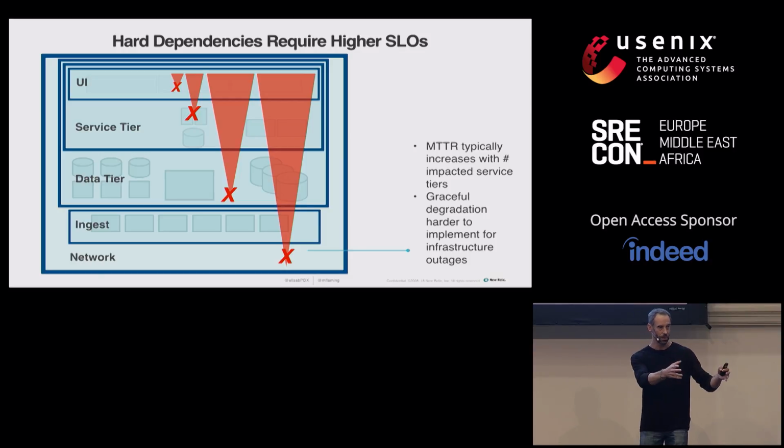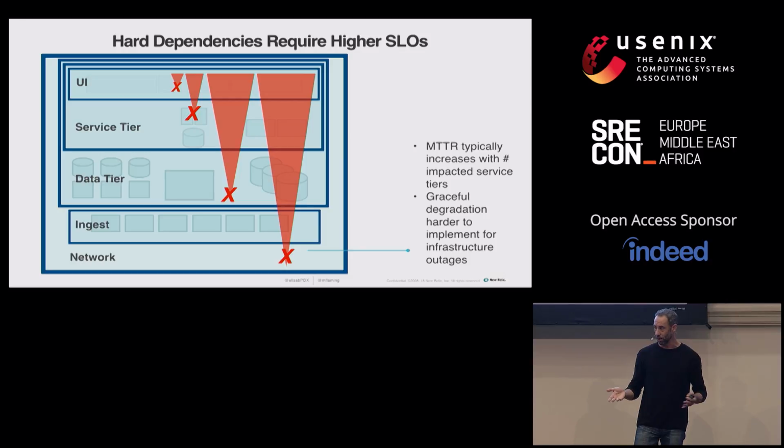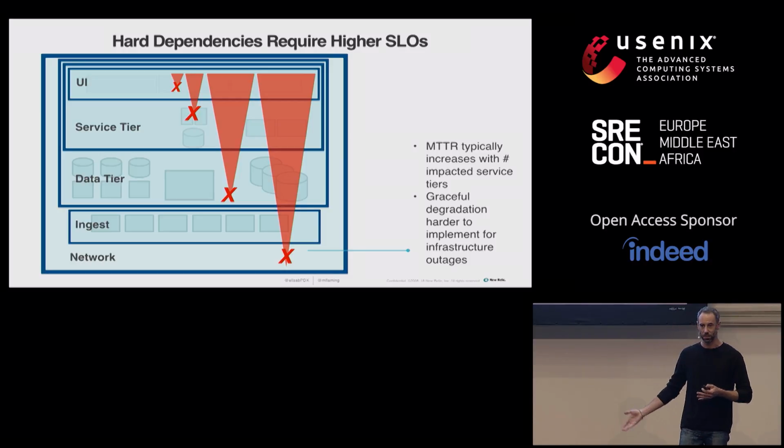So if I have a system and my dependencies go down, my system is probably not going to come back online the instant my dependencies recover. There's going to be a little bit of lag there. So mean time to recovery tends to increase with each tier of services impacted. And it also tends to be much harder, as Elisa mentioned, to code around failures in the infrastructure tier, to degrade gracefully.